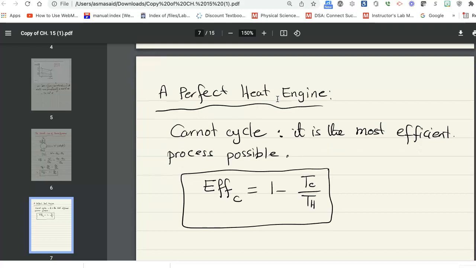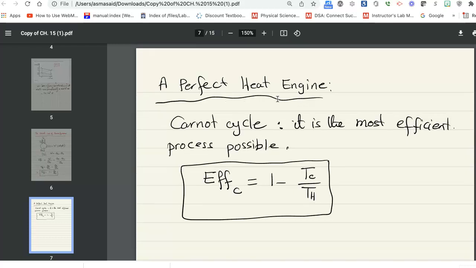And he connected the efficiency to the temperature instead of the heat. Then the efficiency for Carnot is going to be 1 minus Tc over Th.